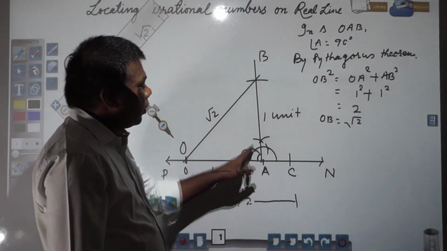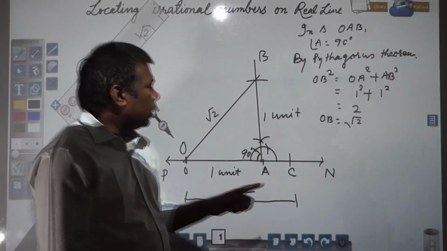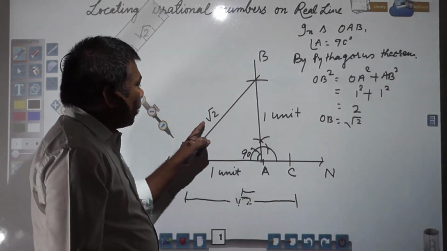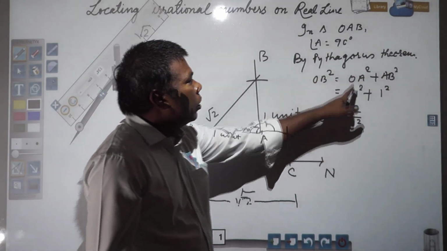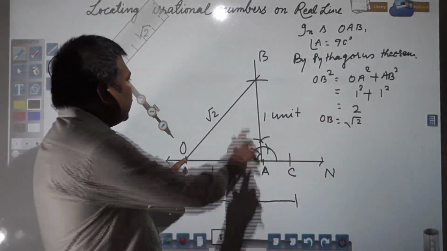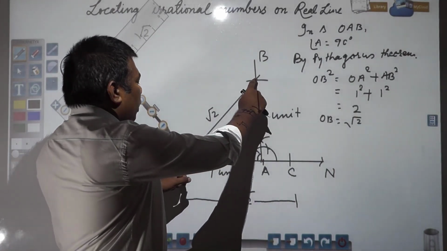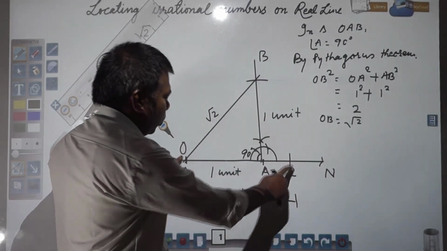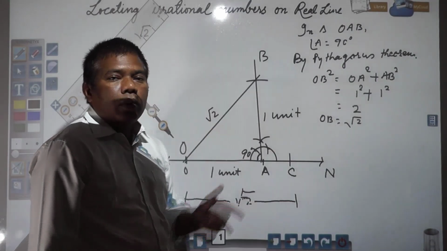At A we have drawn a perpendicular line AB, and that is also 1 unit. Then we have taken OB as a hypotenuse, and by Pythagoras theorem we know OB square is equal to OA square plus AB square, and OB is equal to root 2. Finally, this root 2 has been measured with the help of your compass, and you have made a cut mark on PN. Finally, you got OC is equal to root 2. So, like this way you need to do.